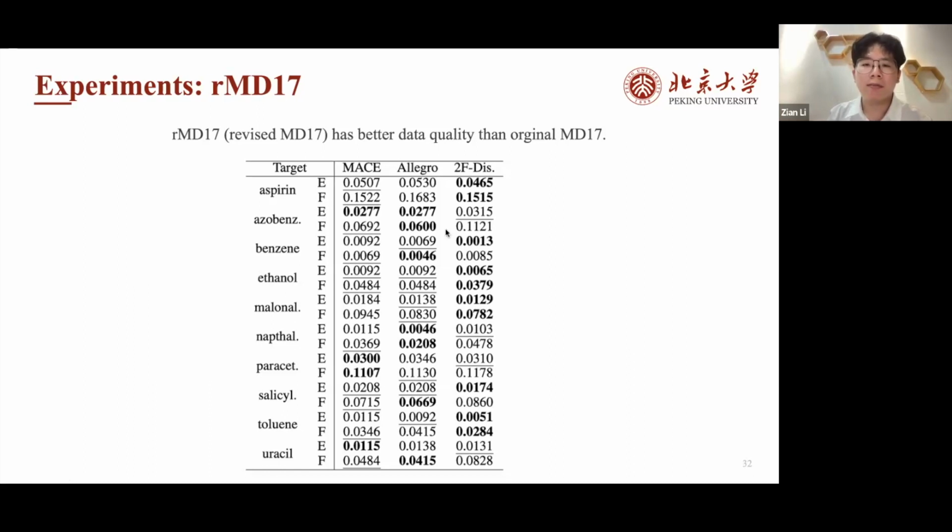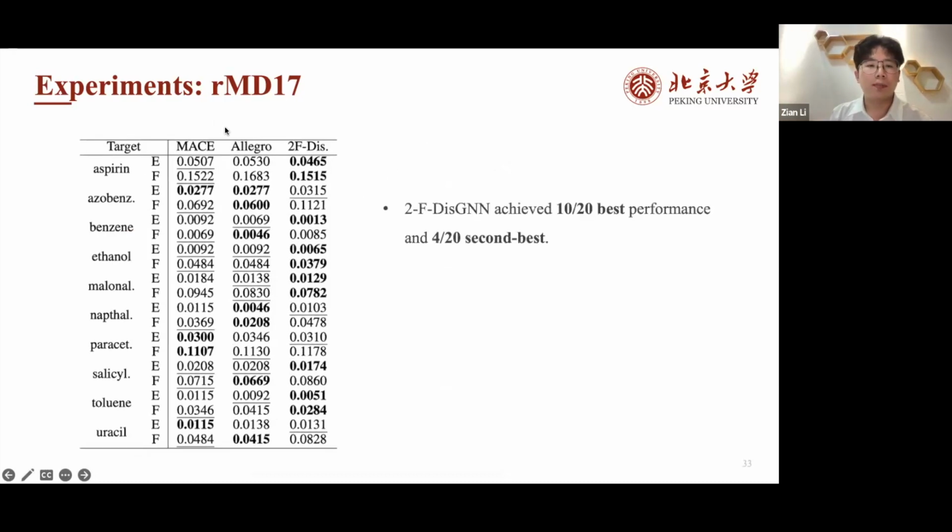So this will better reflect our model's performance. In this part, we mainly compare our 2F DisGNN to the SOTA models, including MIS and Allegro. Note that these two models both use very complex SO3 irreducible representations, so the results really mean a lot. The first thing we can get from the table is that our 2F DisGNN can achieve half of the best performance and 4 out of 20 second best.